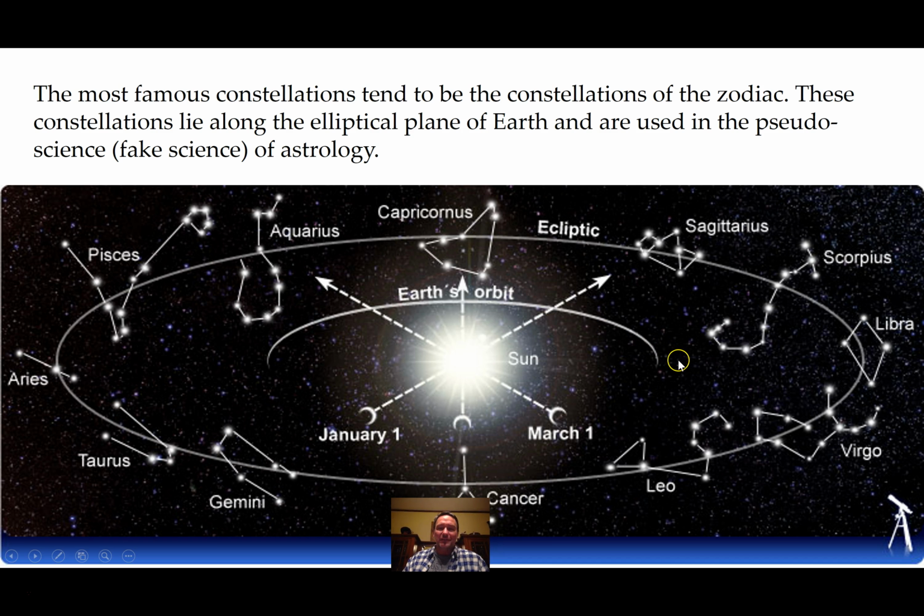Well, it's blocked out by the sun, so I can't see it. So the primary thing that I want you to know here is that your sign is actually determined by the position of Earth and then the position of the sun. Whatever constellation the sun is in, that is your zodiac sign, and that's how that works.